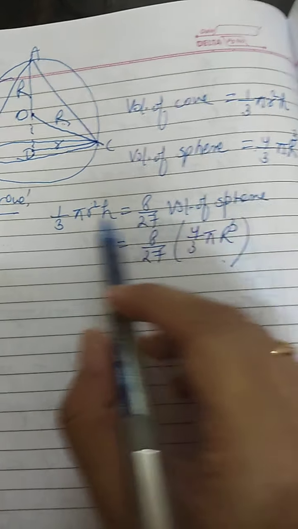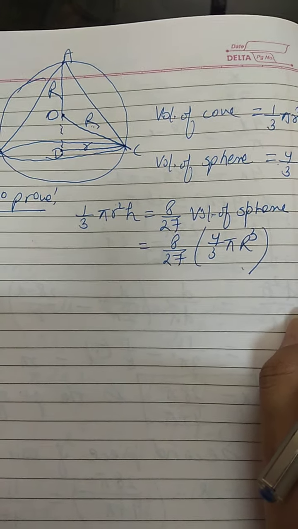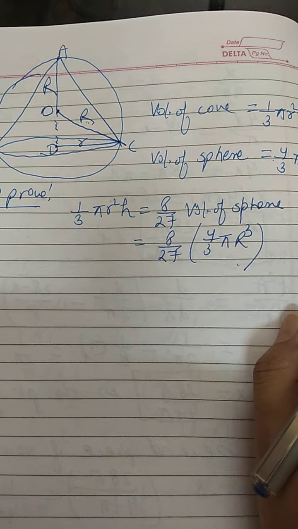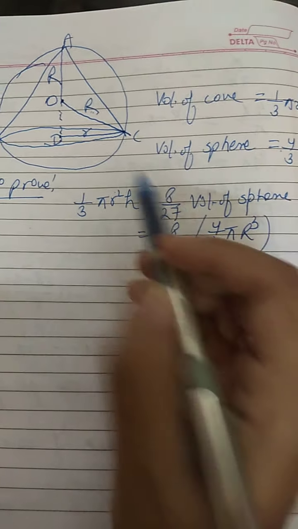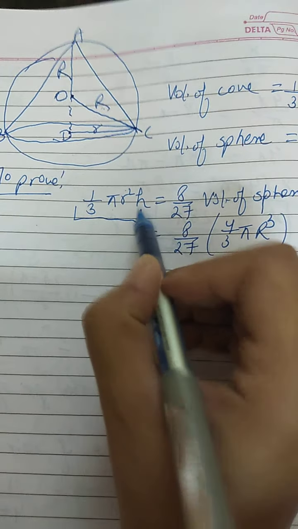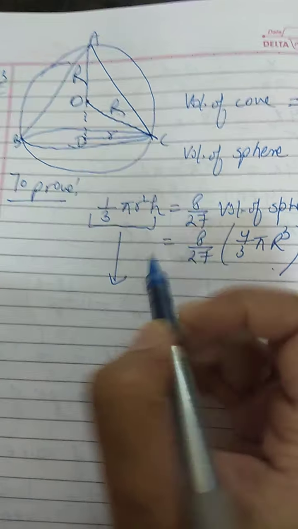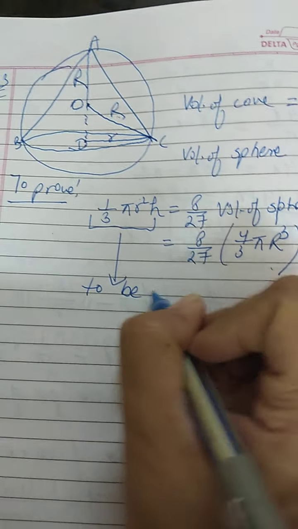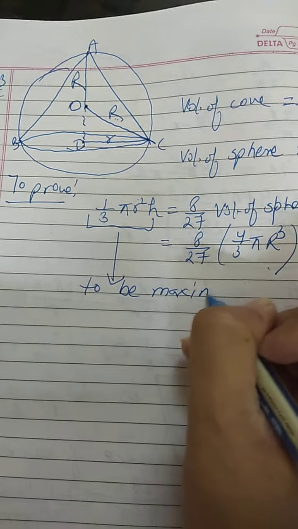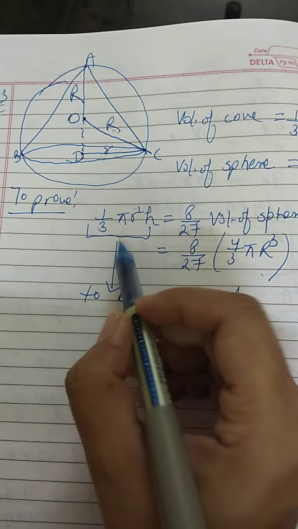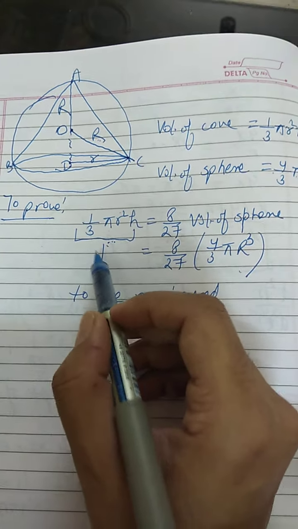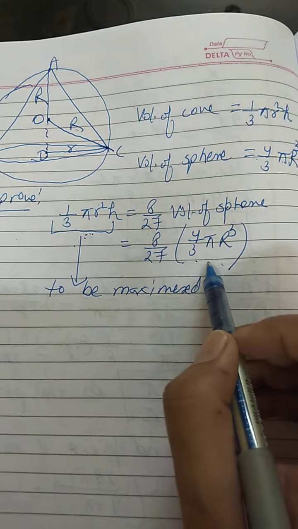So this relation we are supposed to make, and it is given that the volume of the largest cone, that means this volume is to be maximized, right? When we maximize the volume of the cone, after that we should get this relation.